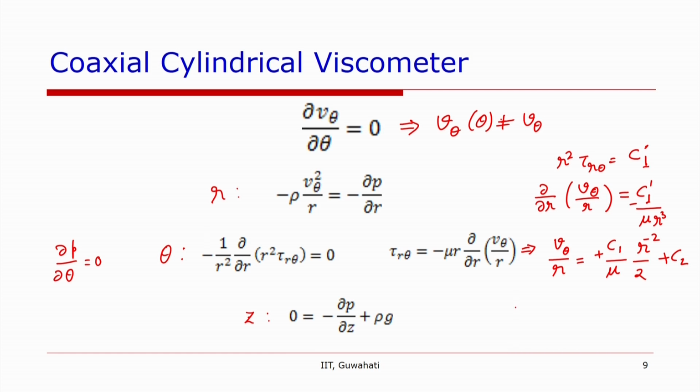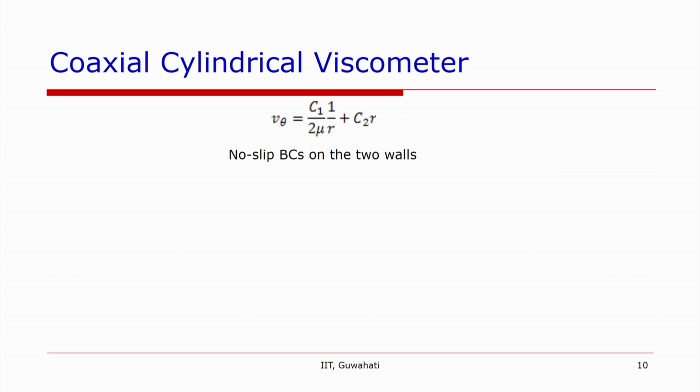So that gives us v theta is equal to C1 dash by 2 mu into 1 over r plus C2 dash r. If we look at this equation, C1 by 2 mu 1 over r plus C2 r, now we have two constants C1 and C2.